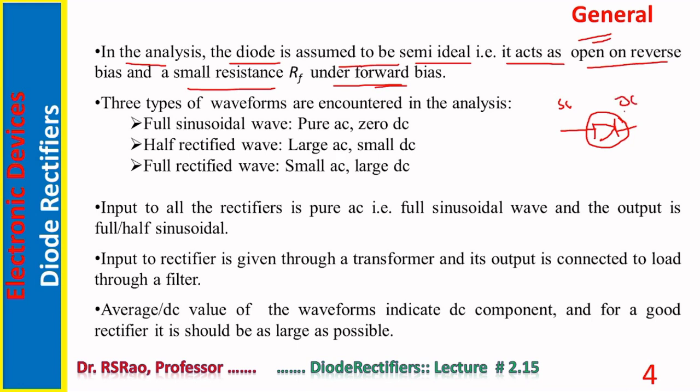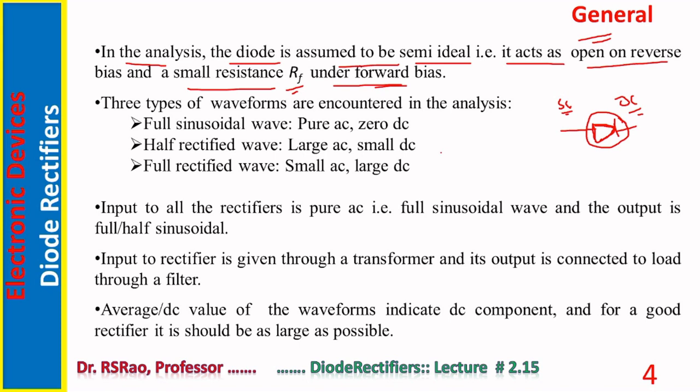In the analysis we are going to do in the present session, we assume the diode as open circuit under reverse bias, but not short circuit under forward bias. We assume the diode as a resistor having small resistance RF under forward bias.